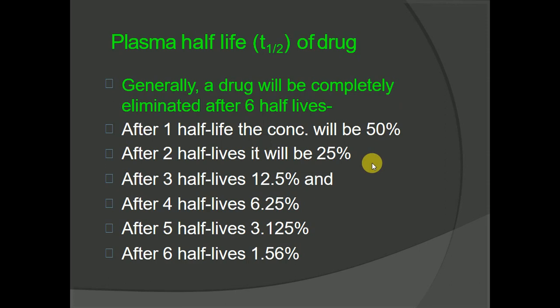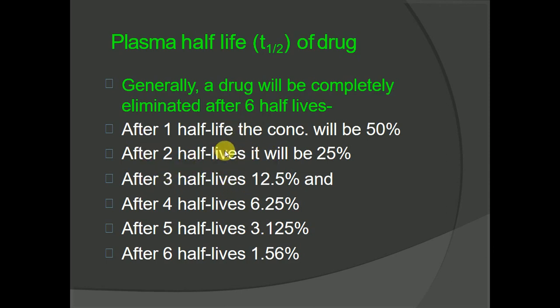Let's suppose a drug concentration is 100 milligram, 200 milligram or 300 milligram. The concentration of that drug must be reduced by half after the first half-life.